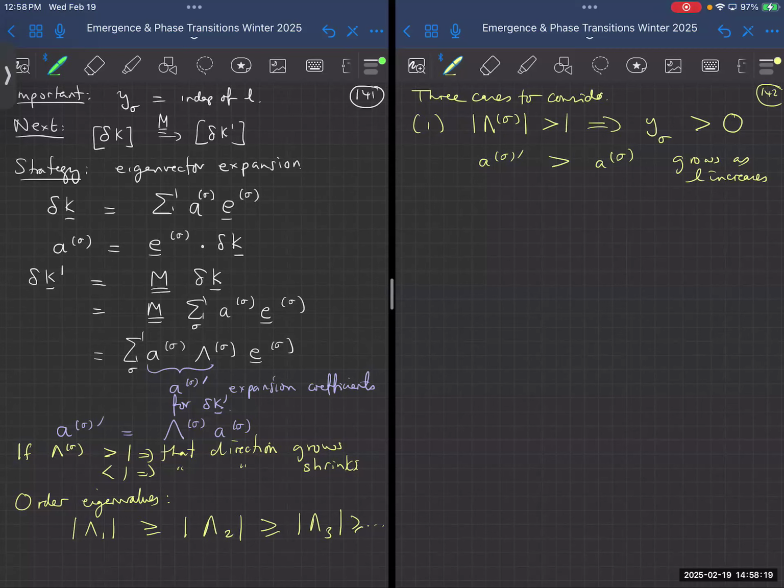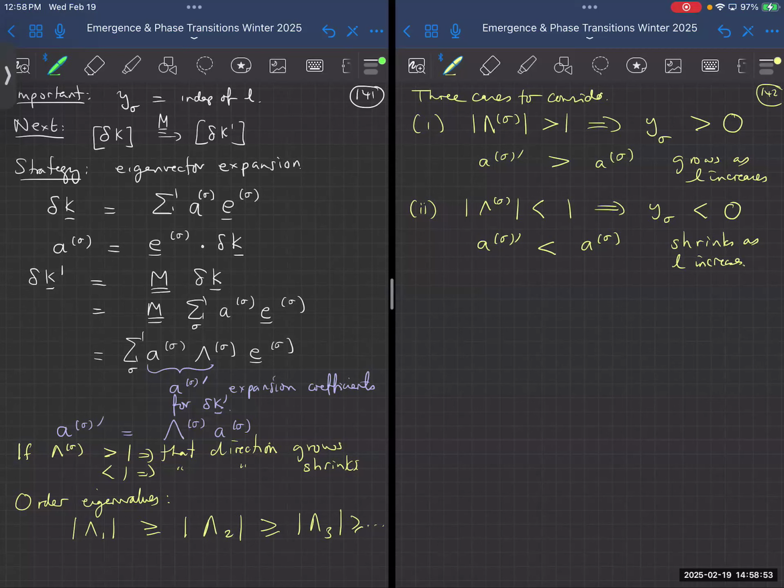So that's case one. Case two says, well, let's suppose that lambda of sigma is less than one. That can only happen if y sigma is negative. So that means that A of sigma prime is going to be less than A of sigma, and so that means that this shrinks as L increases.